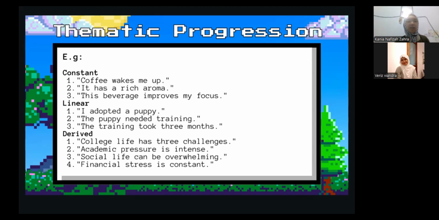Yes, correct. Now, derived. Who wants to read the example? Okay, college life has three challenges. Academic pressure is intense. Social life can be overwhelming. And also financial stress is constant. Now, what do you think about those sentences?